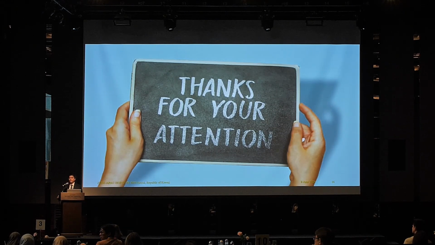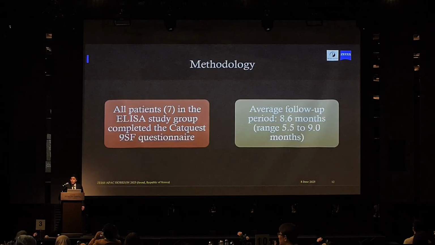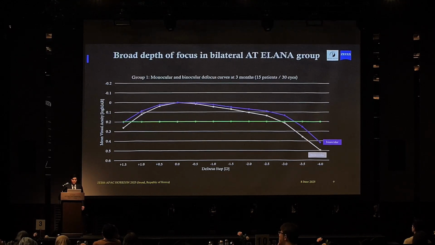Any other questions? I have a question. Based on your defocus curve, would you therefore propose to aim for minus half a diopter on the myopic side, because the distance seems to be still very good, and you will increase your near range as well? Can you show your defocus curve, IOLMaster bilaterally?